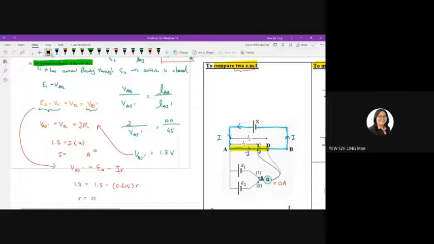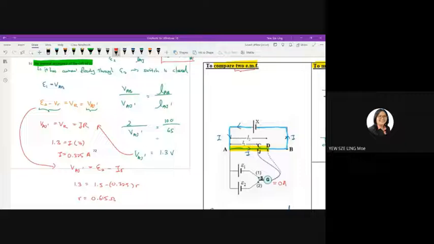It should be 0.325. So R is then equal to 0.615 ohm.